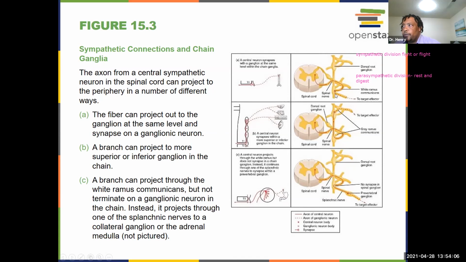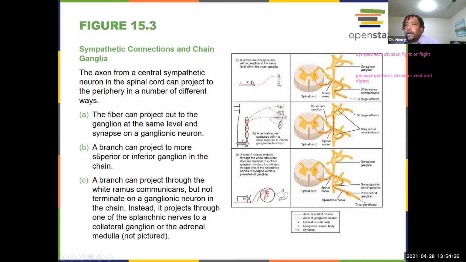And then this is where we're going to get it connected to the synapses. So this is where the synapse is going to occur to connect from the ganglion to the ganglionic neuron of the effector, or our target organ.